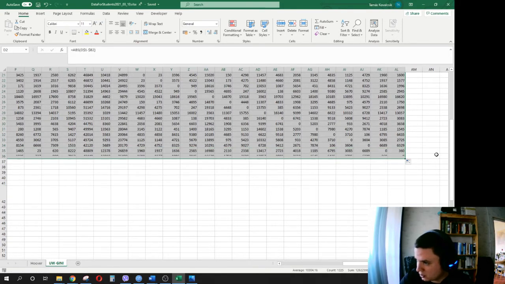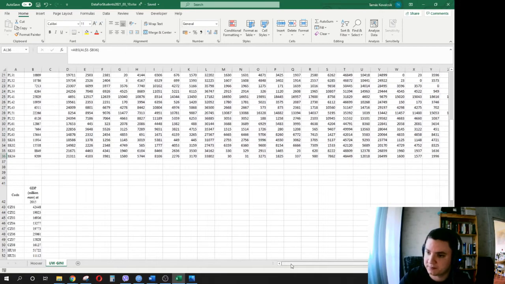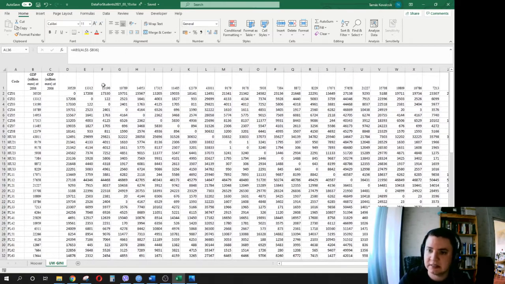Grab it, and the 0 number will be on the left hand side. Okay, here are all of the differences between all of the variables themselves as well.